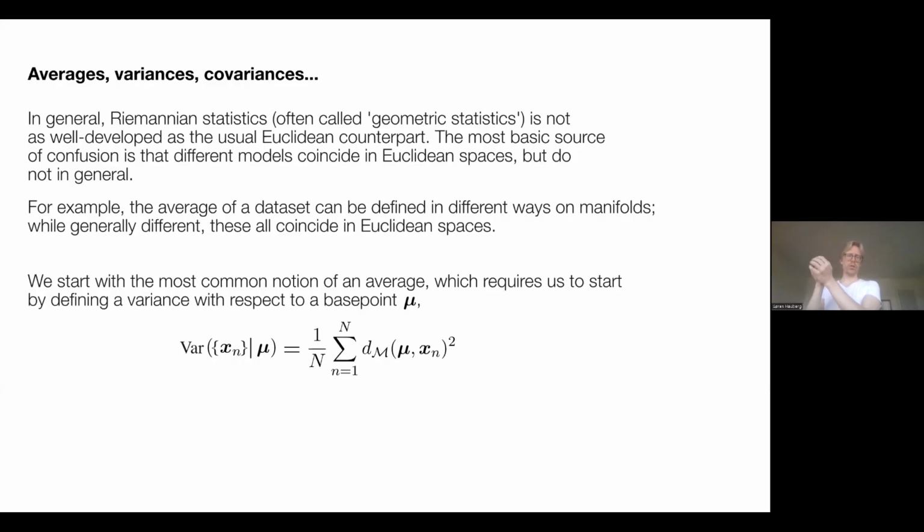That base point is called mu here. So all this equation says is that we define the variance of a set of points with respect to a base point mu as the average squared distance from my data to the base point. This is exactly the same definition of a variance you would have in Euclidean spaces.